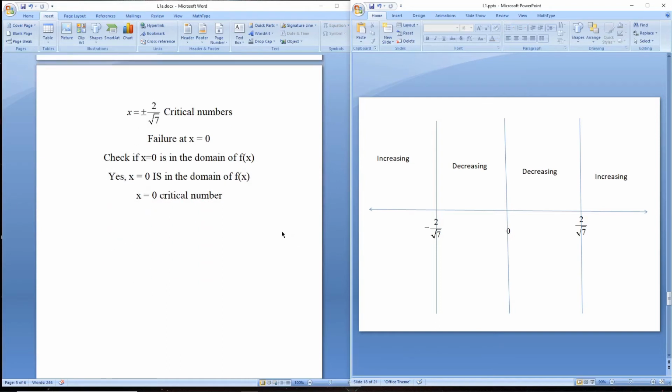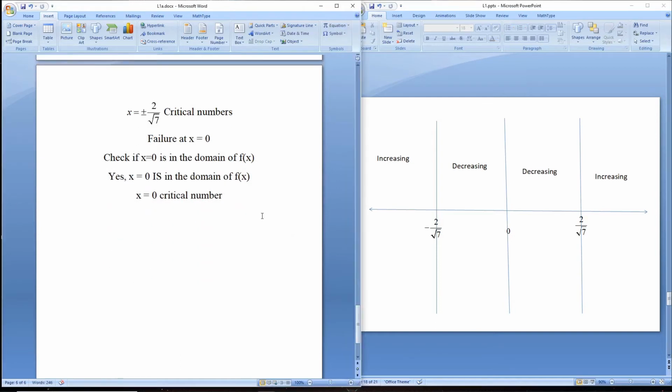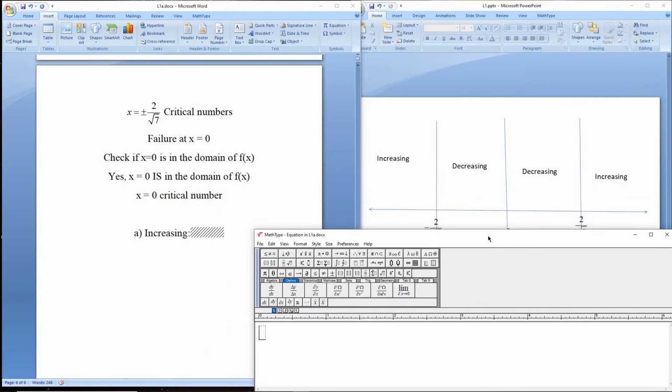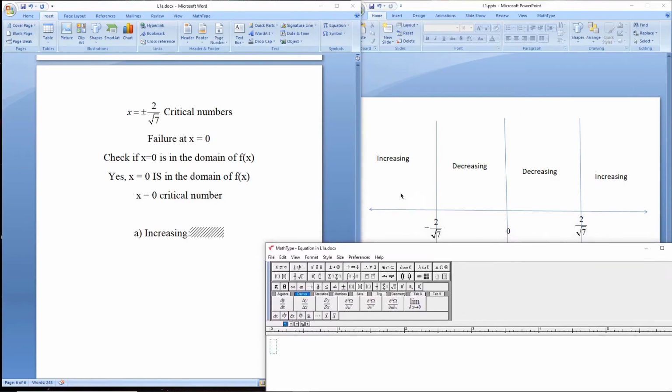And let's look now at our answer for part A, the region of which the function is increasing. Here's our first increasing from minus infinity to minus 2 over square root of 7.